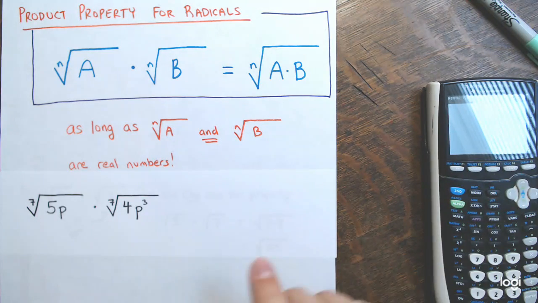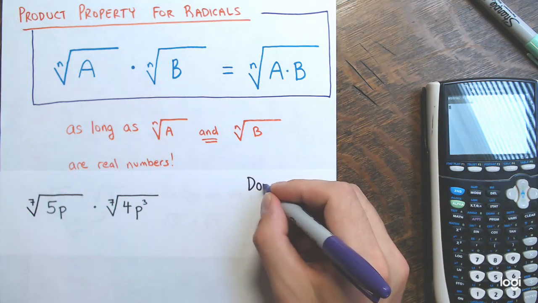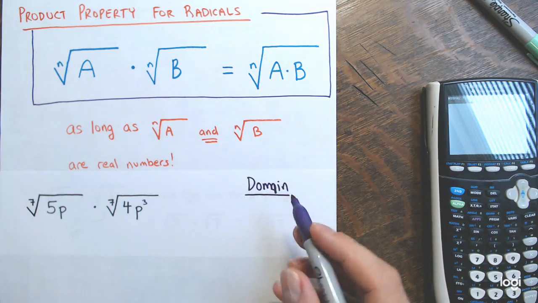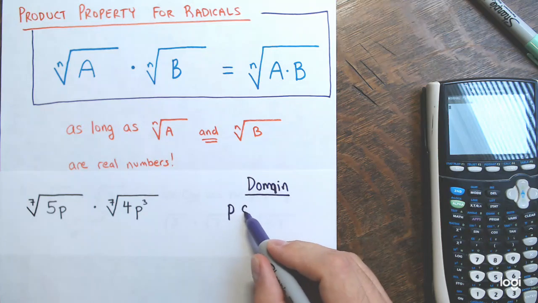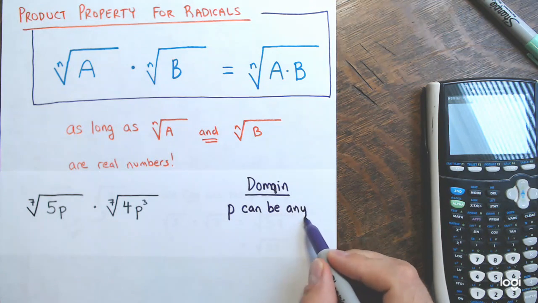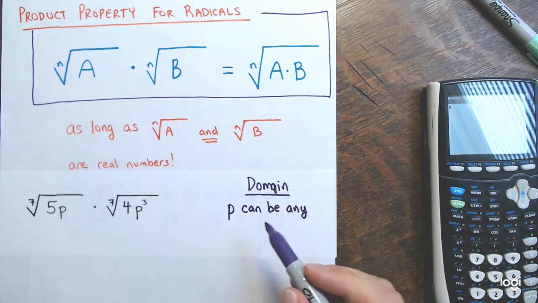All right, so the domain for this expression, the value I replace p with can be any number. P can be any real number. I don't have to worry about whether or not these are non-negative, because again, these are odd roots that I'm taking.